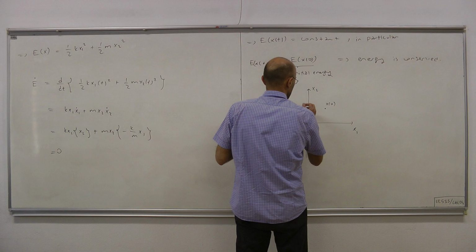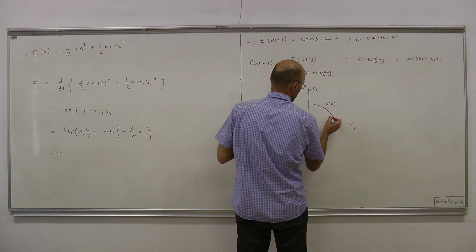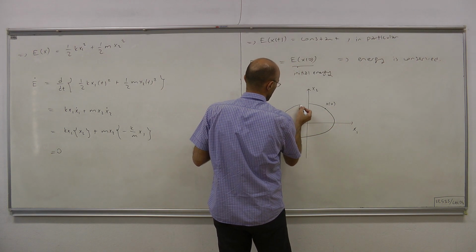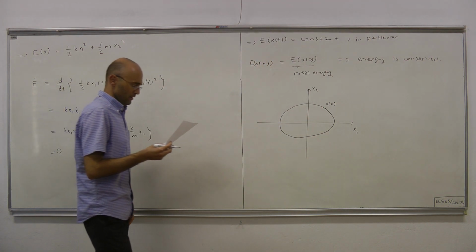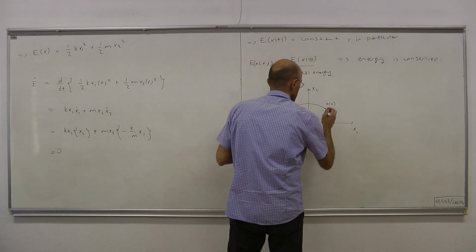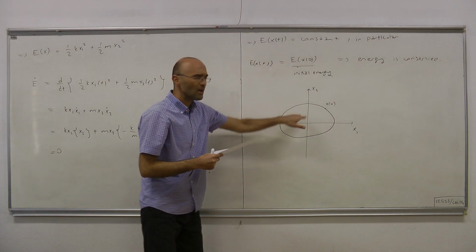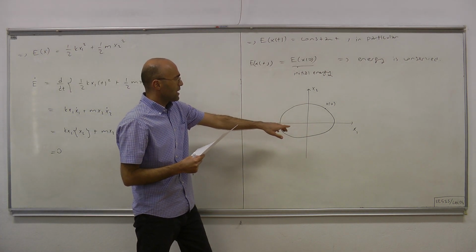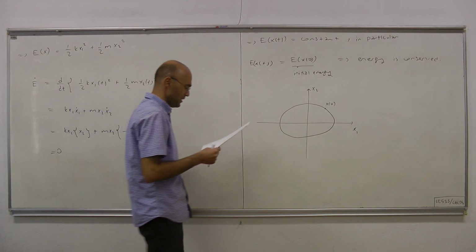So we were expecting something like this. It's not really a perfect ellipse, but anyway, it almost looks like an ellipse. So this is x0, and for all future times the trajectory must remain on that constant energy curve.